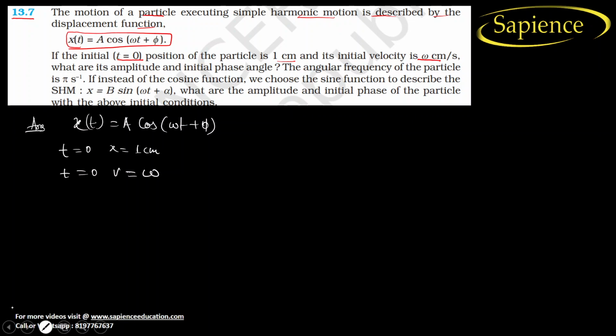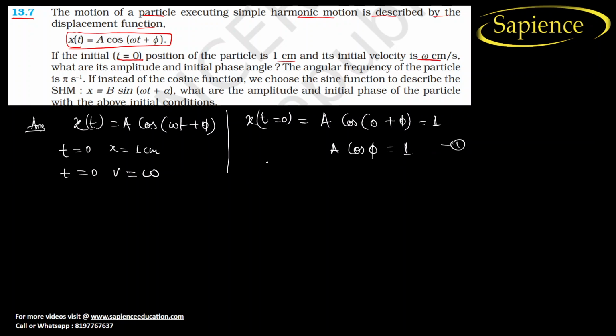Now let us put the values here. At t equal to 0, x is A cos(0 plus phi), and this is equal to 1. So A cos phi is equal to 1.